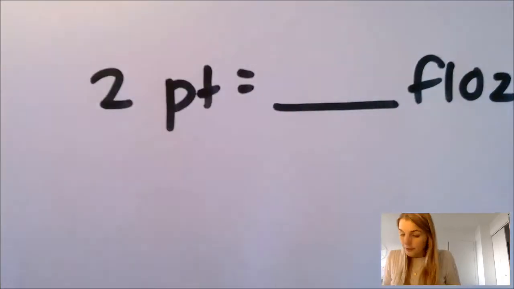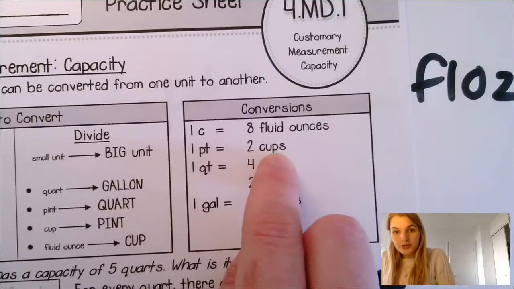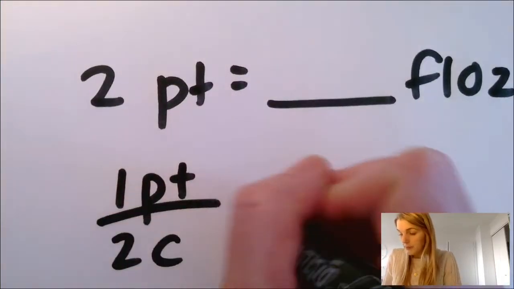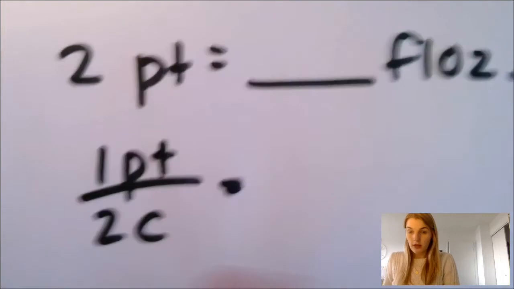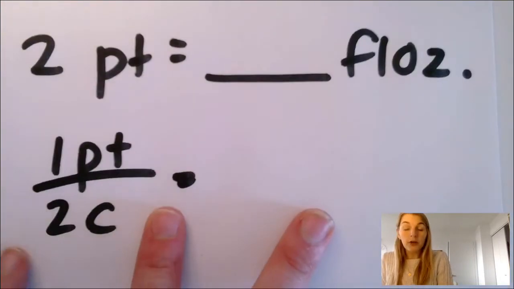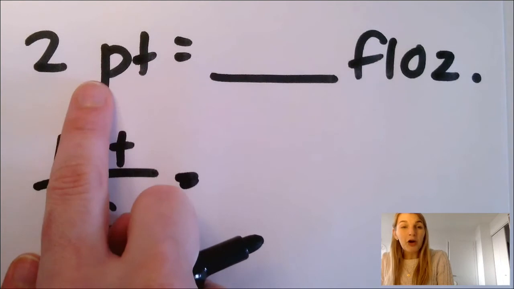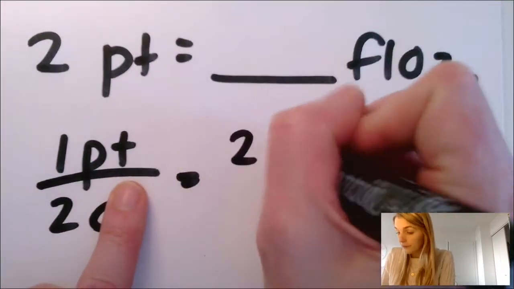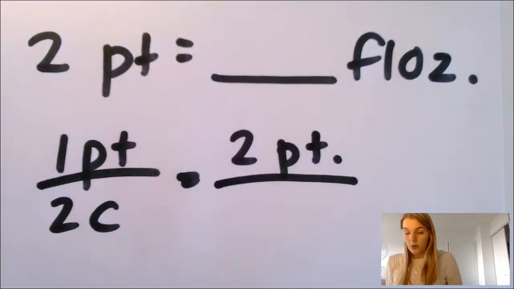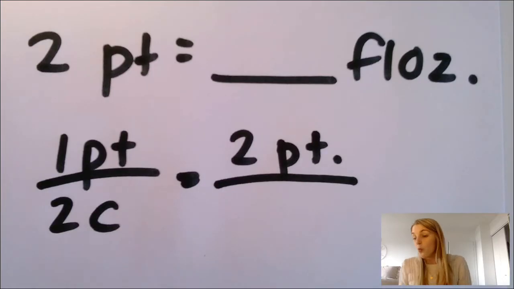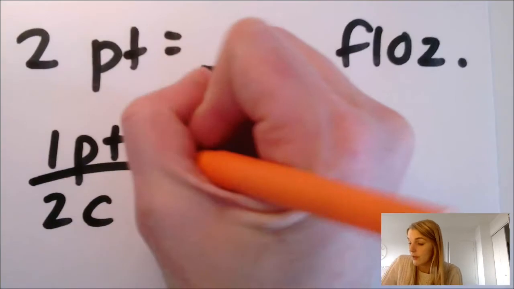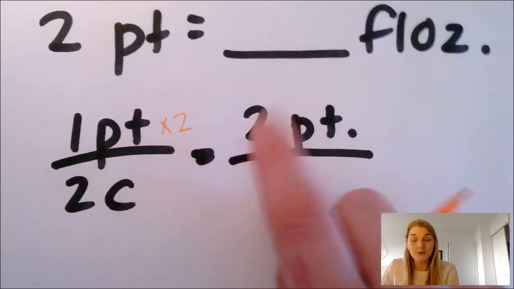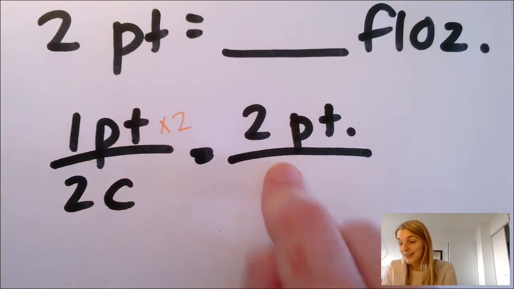So it says here that 1 pint equals 2 cups. So 1 pint, 2 cups. Just wrote the proportion here. Remember, now we have to put what we know together. So we know about our pints, so I'm going to put it on top so that our units can be together. Okay, well, we know that 1 pint times 2 is 2 pints.